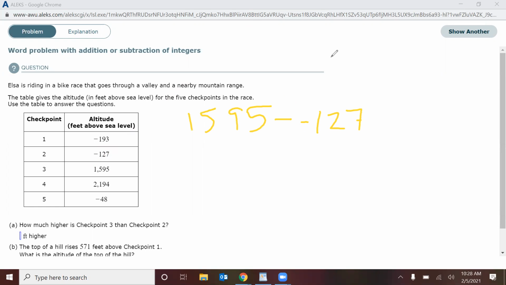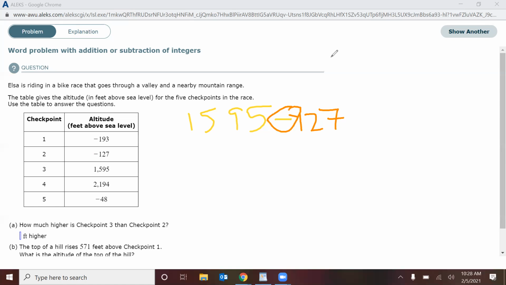A common mistake people will do is to just say that right there and leave out the negative, which is part of the altitude. So you have to include that negative sign.